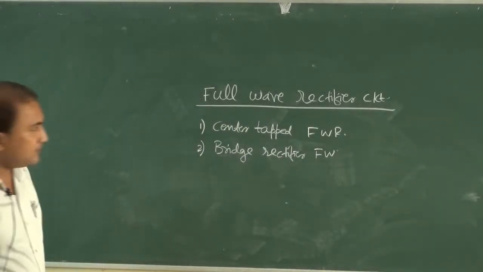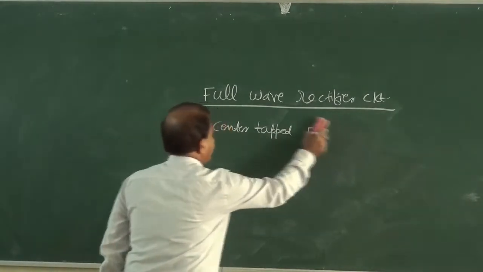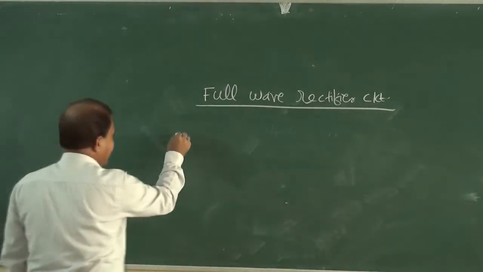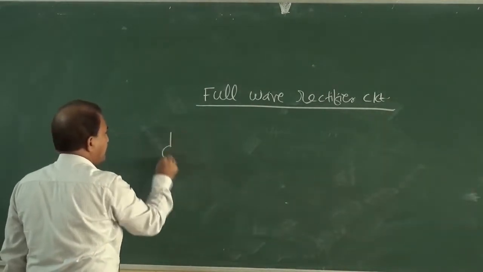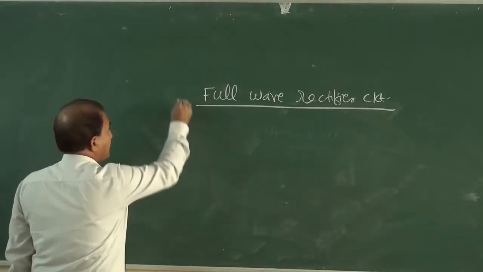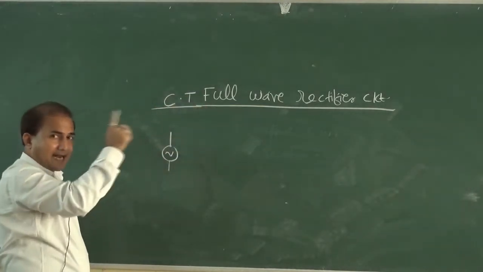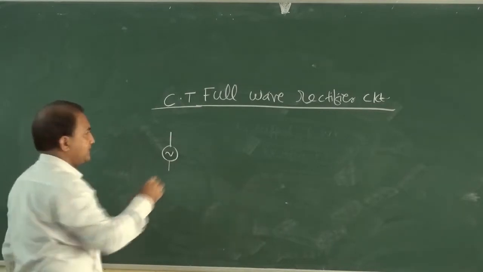First of all, we will study the center tap full wave rectifier circuit. The circuit diagram will be like this. Here we can write CT. CT stands for center tap full wave rectifier circuit.